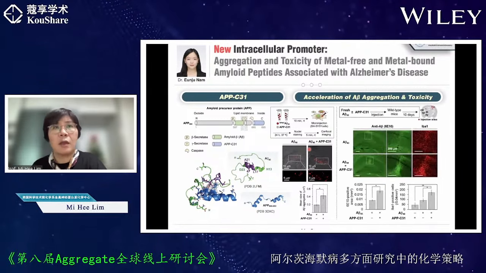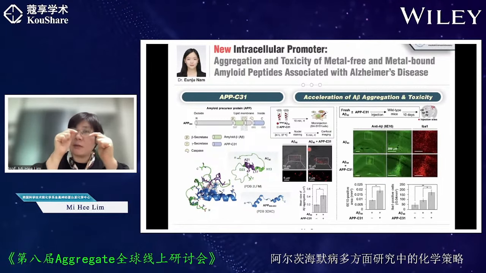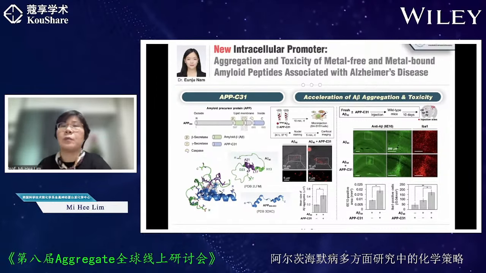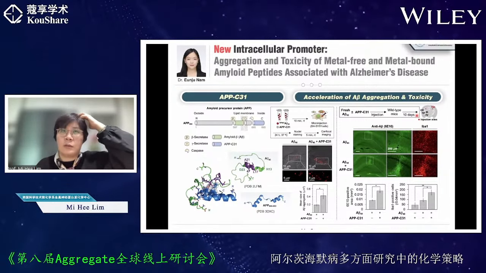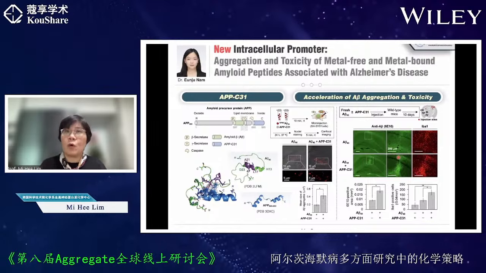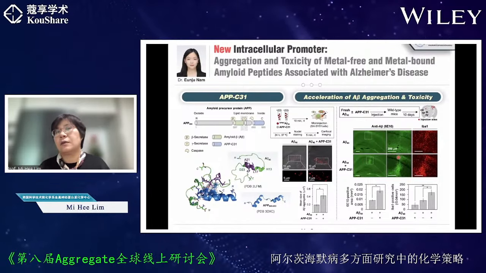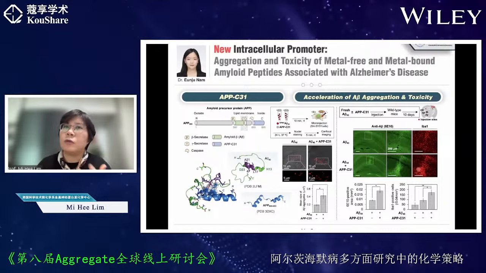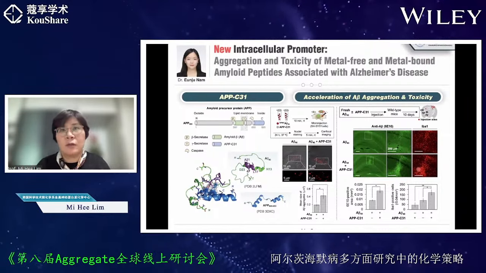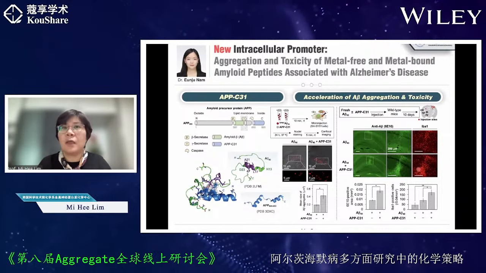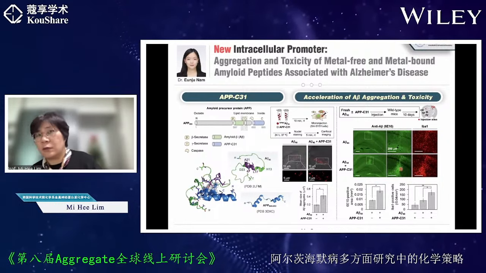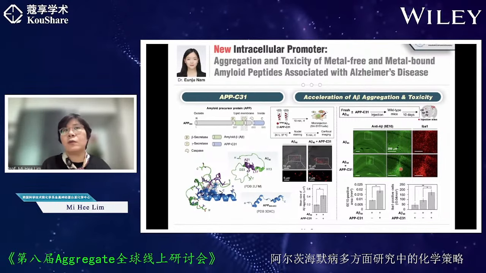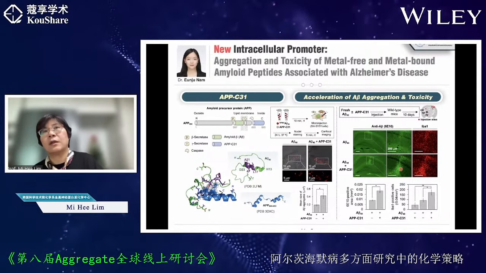Not only that, we directly injected the two peptides into the hippocampus area in the brain of mice, and after several days, we observed more aggregate species as well as more inflammation. So we find that aggregation was facilitated and, of course, the toxicity was increased in vitro, in living cells, as well as in vivo.